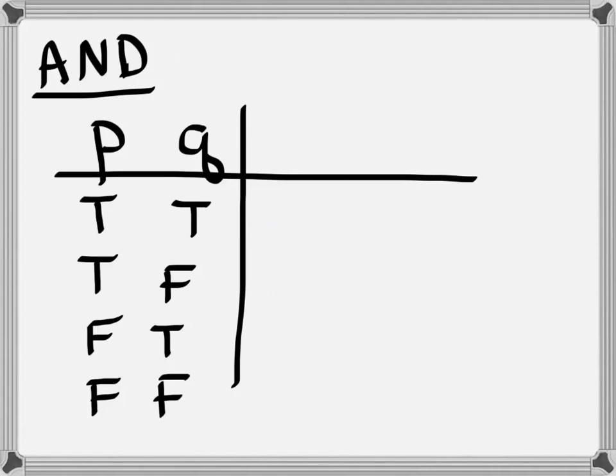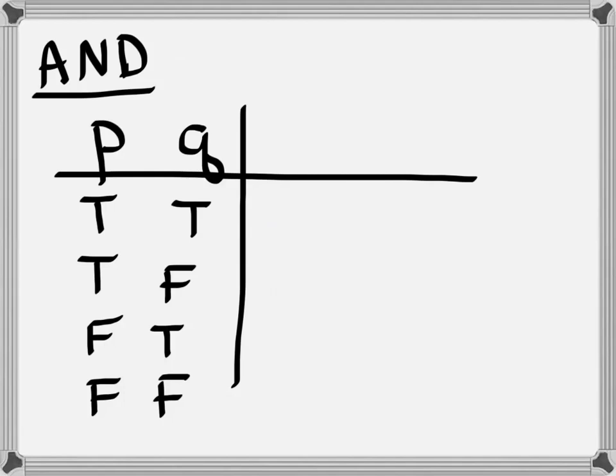Now suppose we wanted to build the truth table for "and." We combine two statements with the word and. So the basic building block for two statements has a column for P and a column for Q. What we have listed here are all of the possibilities of the truth values of P and Q. For instance, both of them could be true, one could be true and one could be false, or both of them could be false.